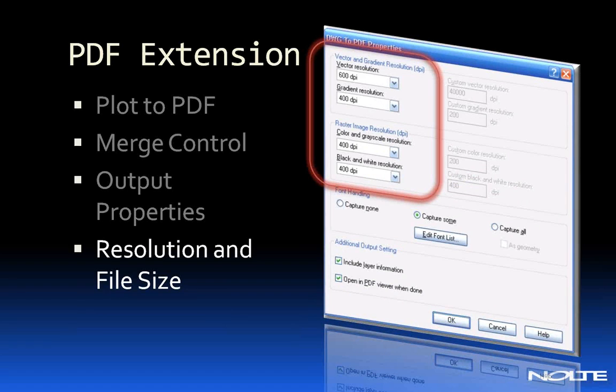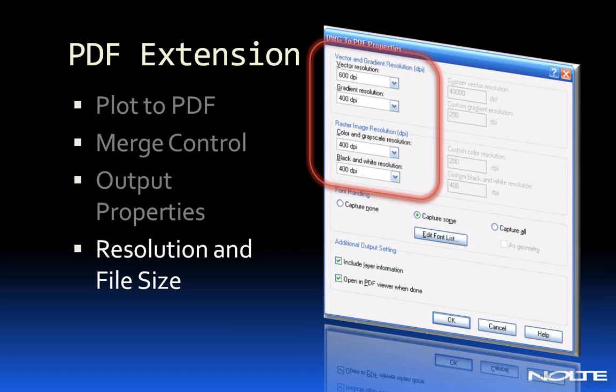The rule of thumb you want to use here is to set the resolution to the same DPI value of the output device that these PDFs will eventually be plotted on. So if I know I'm going to go to one of our DesignJet plotters in draft mode or normal mode, those typically plot at about 600 DPI, so it doesn't do you any good to set these at higher resolutions.